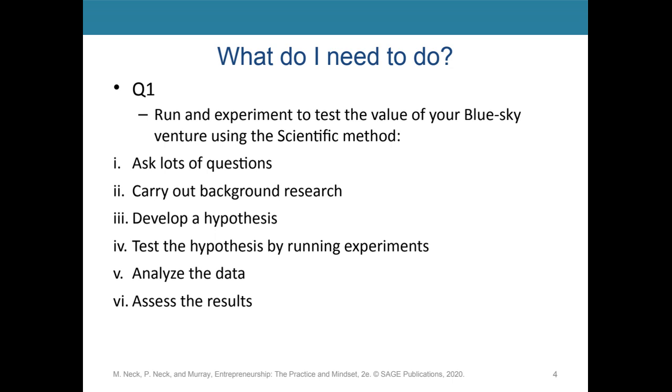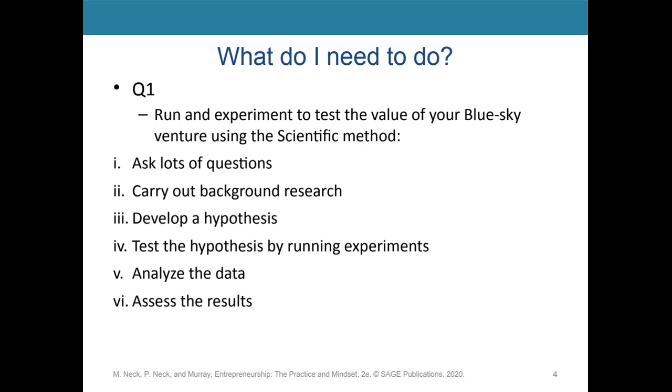Then you'll develop a hypothesis. Your hypothesis would then be the thing that you're going to test. You test that hypothesis by running an experiment, and you basically have two choices here. In terms of running the experiment, you can either do questionnaires or interviews.